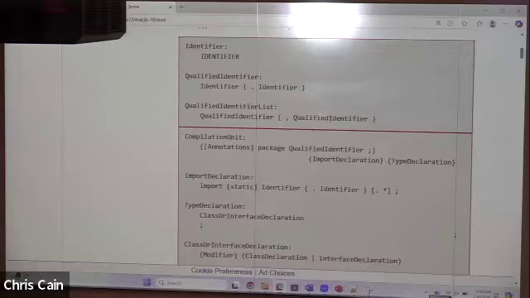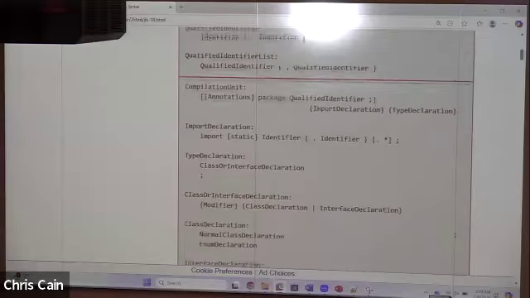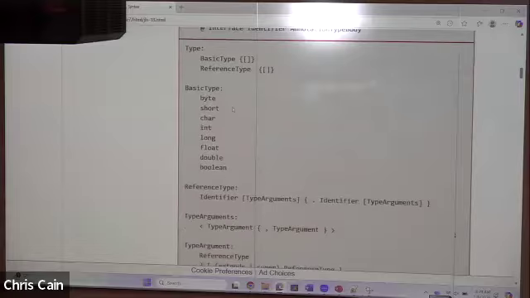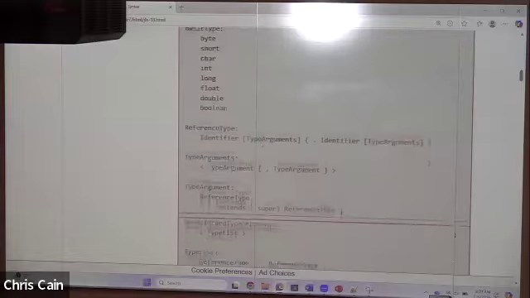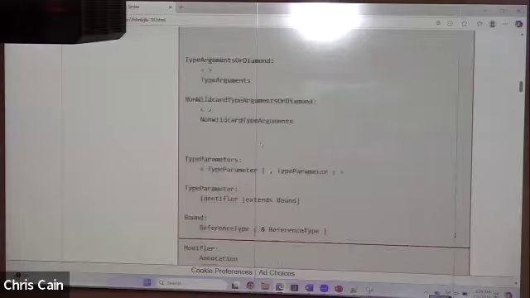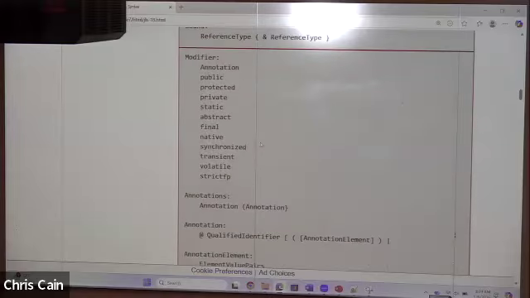So qualified identifiers, those are the ones that start with dot. And you'll see that there is quite a bit here. We have lists of types, basic types, reference types, non-wildcard types, access modifiers.